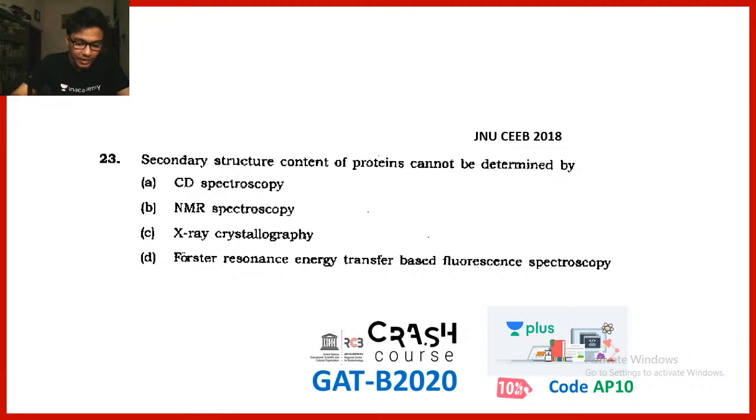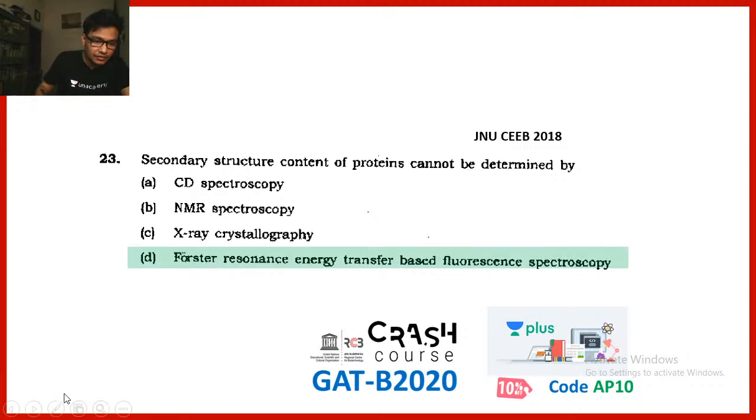Okay. So everybody is saying D and the correct answer is D. So let me tell you guys, this is a very popular type of question. So CD spectroscopy can give you a nice idea about secondary structures, but not tertiary structures or higher order structures.